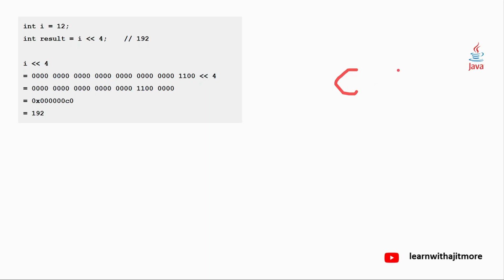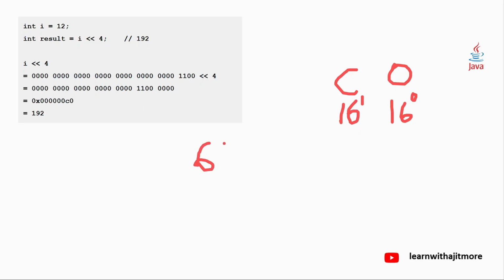See, hex is C0. So in hexadecimal, we write 16 power, 16 raised to 0, 16 raised to 1. Getting? So how many times I'll multiply this 16 with 16 into 12? C is 12. So 16 into 12 is how much? 192. Or you can take the binary decimal only. See here, 0, then that is 1, 2, 4, 8, 16, 32, 64, 128.